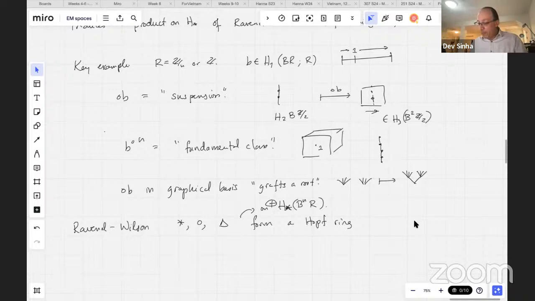So what is a Hopf ring? A Hopf ring is a ring object in the category of coalgebras.